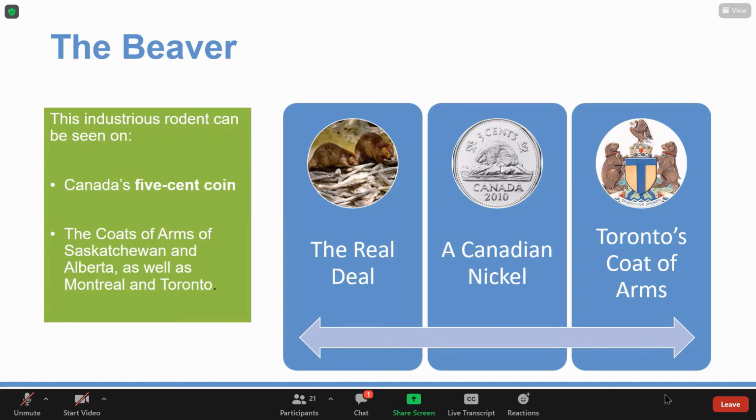And then you just have to know it's on the 5 cents, on the nickel. Apparently the coats of arms of Saskatchewan and Alberta, and Montreal and Toronto, they all have the beaver in their logos.